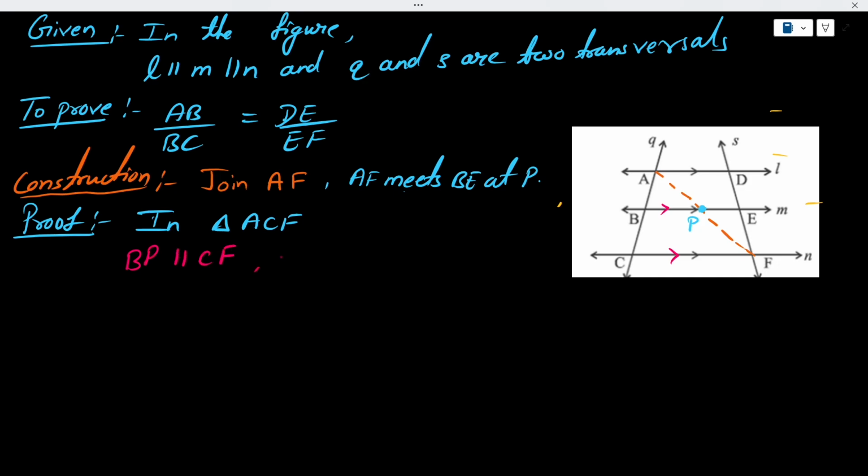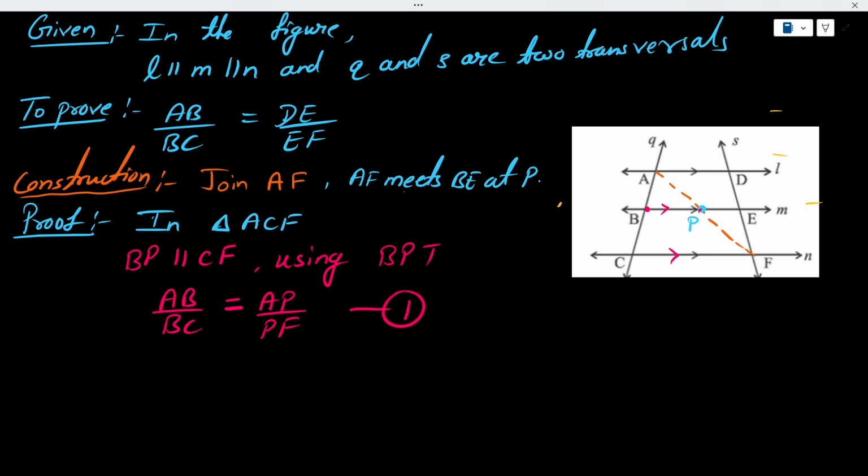So what can we write down after that? In a triangle, if a line is parallel to one of the sides and is cutting the other two sides at two distinct points, then it divides those two sides in the same ratio, right? So using BPT, or basic proportionality theorem, you can say that AB by BC is equal to AP by PF. This is your first finding.